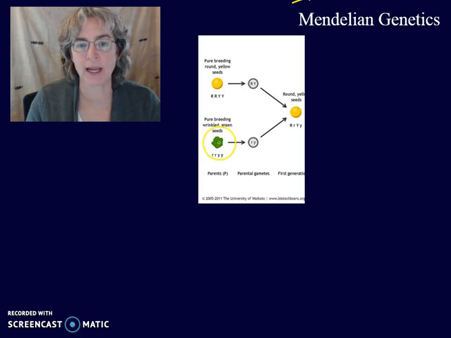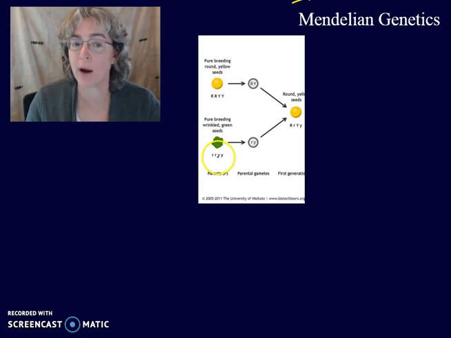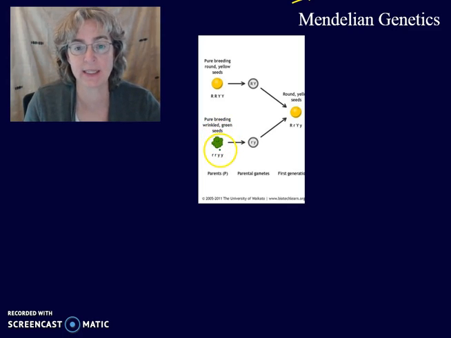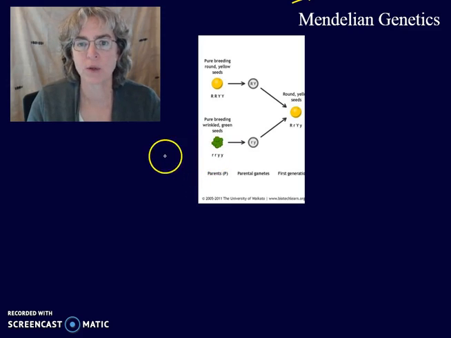And then we've got another plant here that we're going to cross with it, which is true breeding. So both of these are true breeding. It's just that now we're looking at 2 traits. So it is pure breeding. It's homozygous recessive for wrinkled seeds and homozygous recessive for green seeds. So what does that look like?